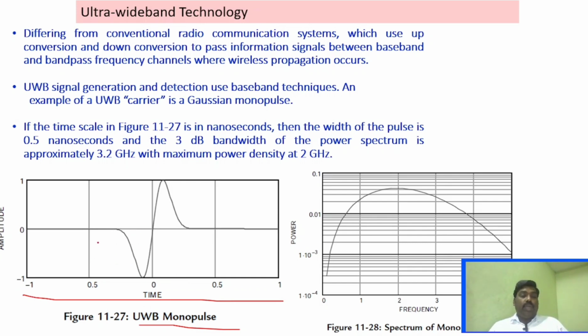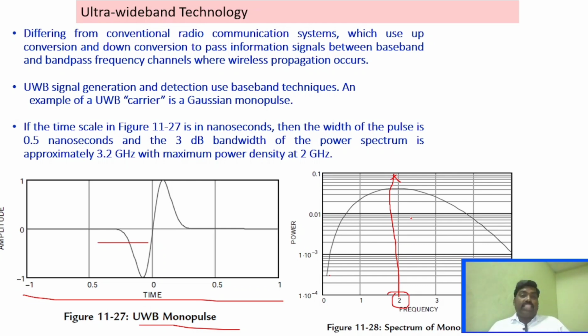It is the width of this particular pulse. And when it comes to the power spectrum, it has a good power spectrum. The maximum power spectral density occurs at 2 gigahertz, where you can see this is the maximum power spectral region, right? This is how a single monopulse of UWB will be.